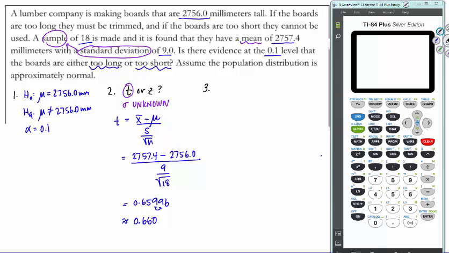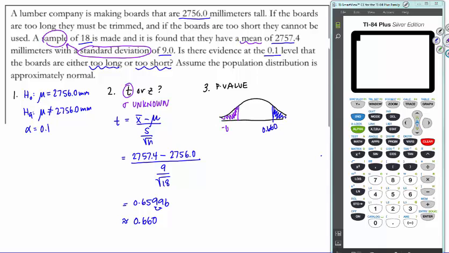The next step is to cook up the p-value. What is the p-value for this test statistic of t equals 0.660? What's the probability that we get a board that's too long or too short? Now remember, this is a two-tailed test, so here we have one test statistic, 0.660. We care if it's too long, but also because it's a two-tailed test, we want to consider the probability of a board being too short.